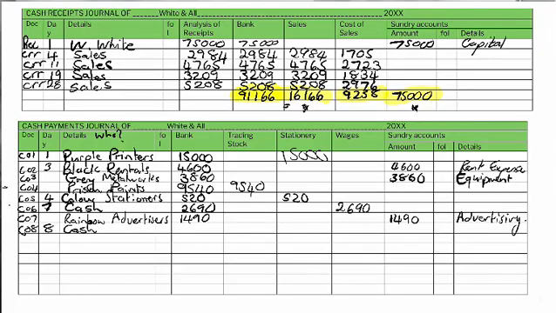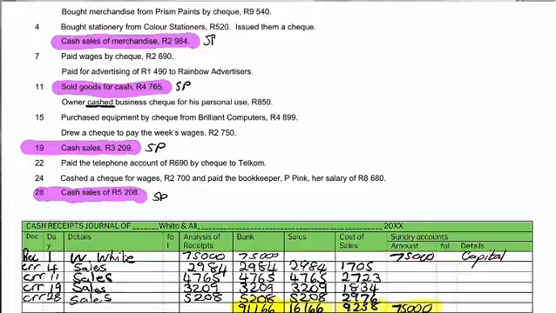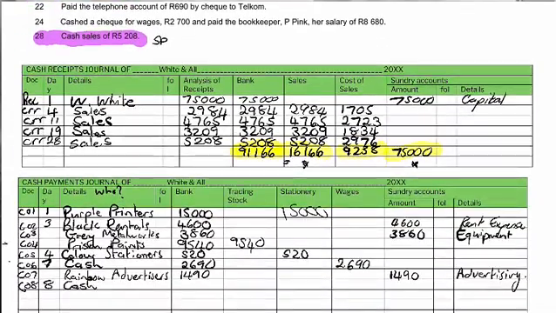Cash sales is 19. It's 850. Okay, and then Olivia, where does that 850 go? Off the bank. Under sundry. And what is the detail when the owner uses money for his personal use?